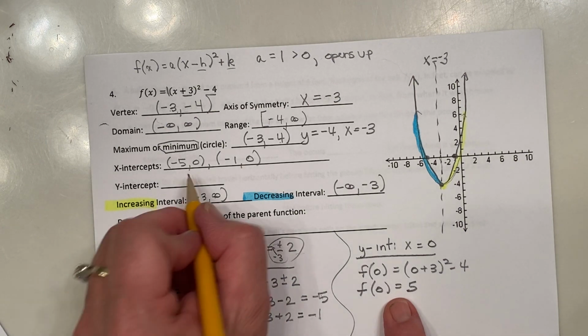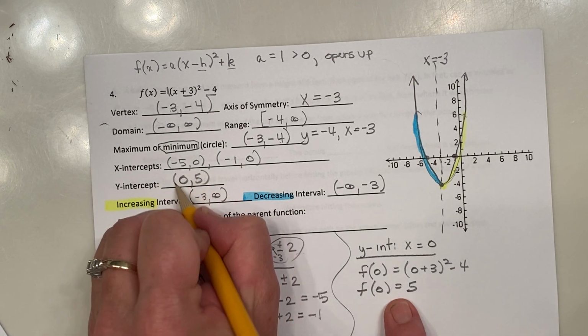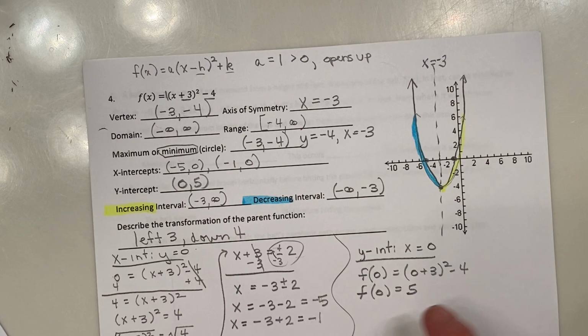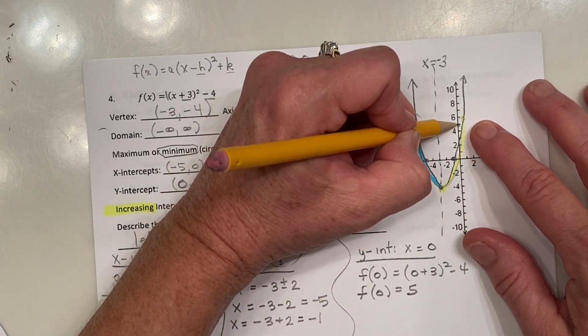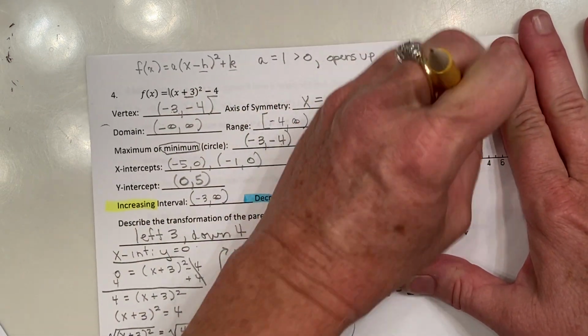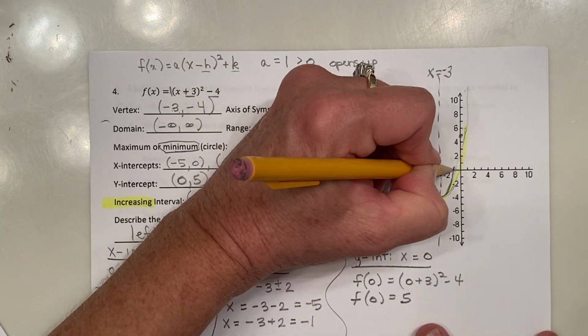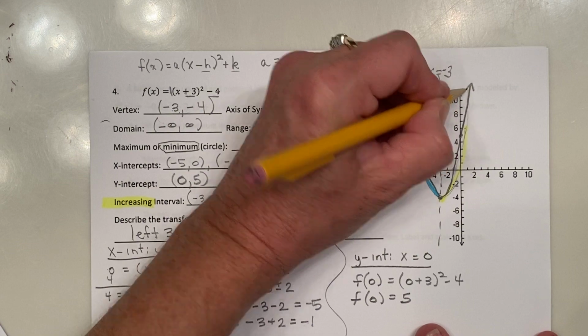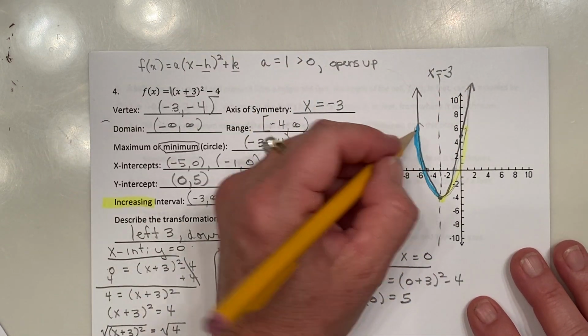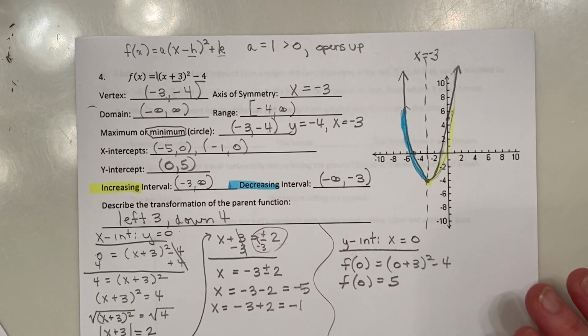So the y-intercept is going to be (0, 5). Ooh, I was way off on that one then. I guess it's way up here. So my graph will come in, hit that x-intercept. It's kind of skinny and go up that way. So I'm trying the best I can.